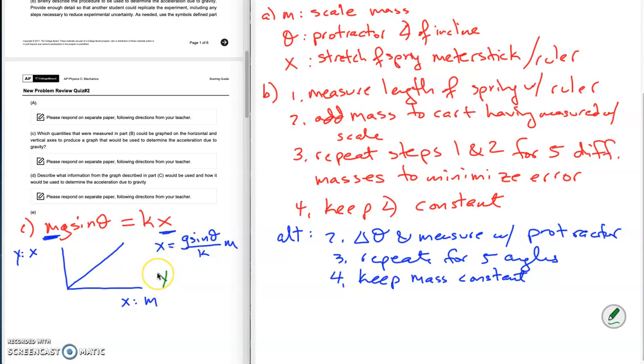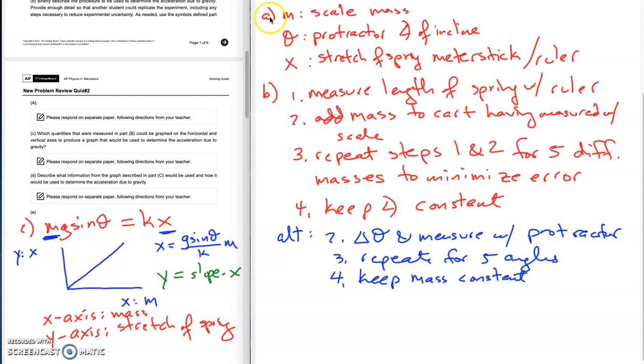And this would give me y equals slope times x, where the mass is my x variable, the stretch of the spring is my y variable, and g sine theta over k is my slope. So what quantities that we measured can be graphed? What I would say here is x-axis would be mass, and y-axis would be stretch of spring.